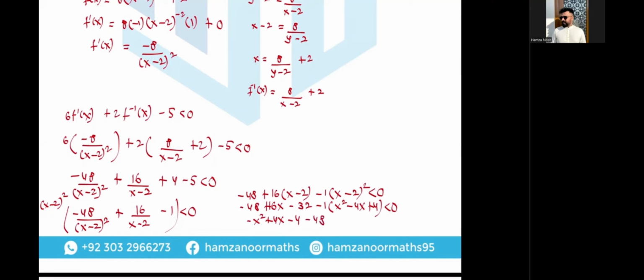And minus 48 plus 16x minus 32, and this whole thing is less than 0. So far we have achieved this. So when we simplify the terms, what we get is minus x squared plus 20x and then minus 4 minus 48 minus 32. So what's the value?